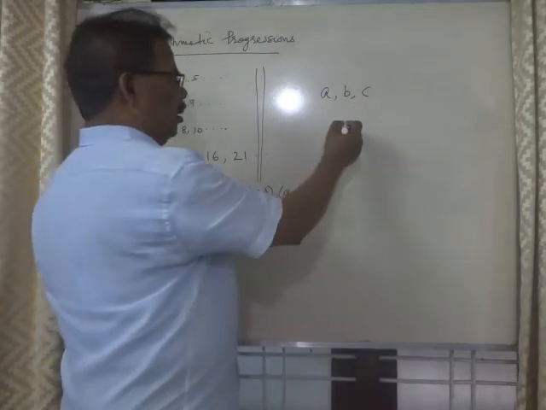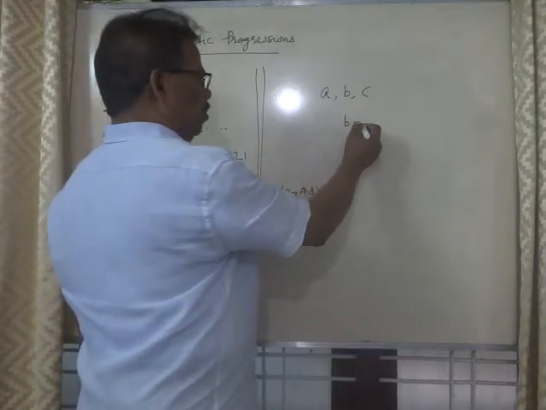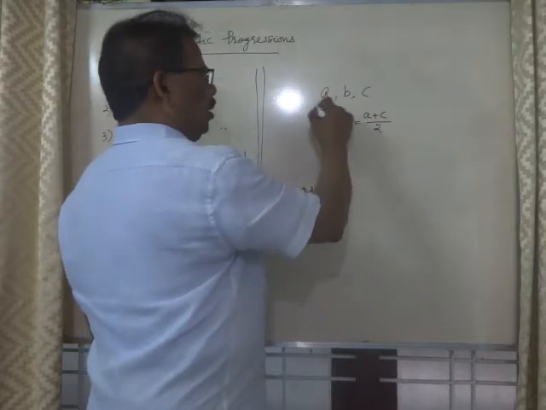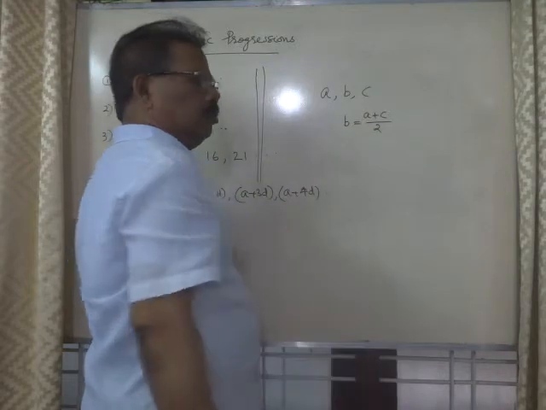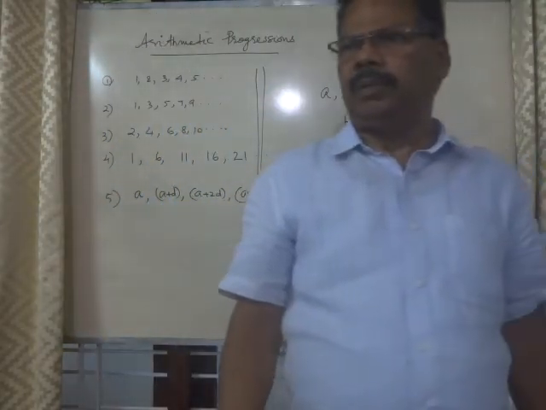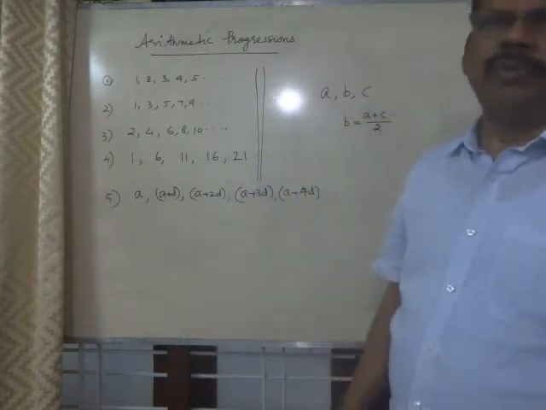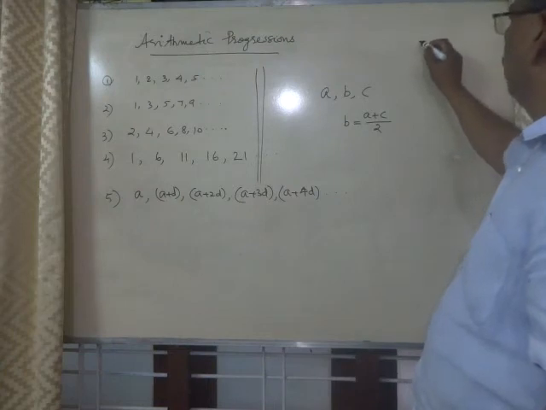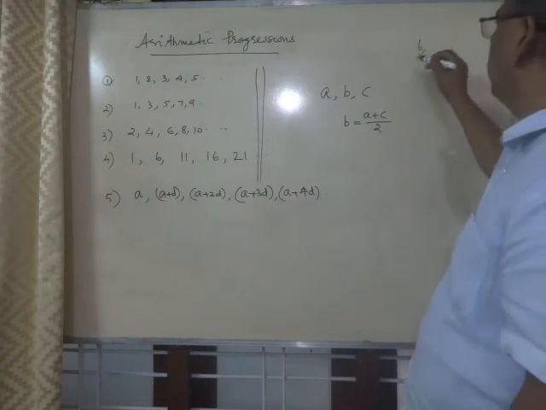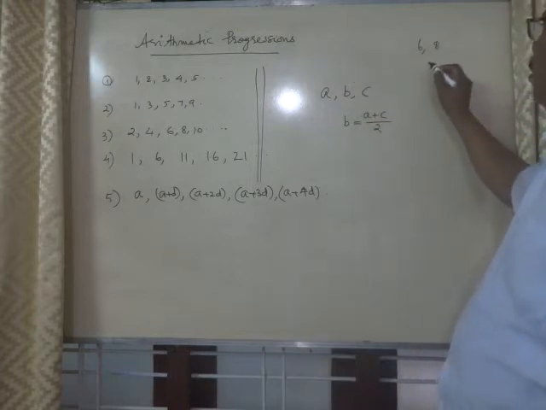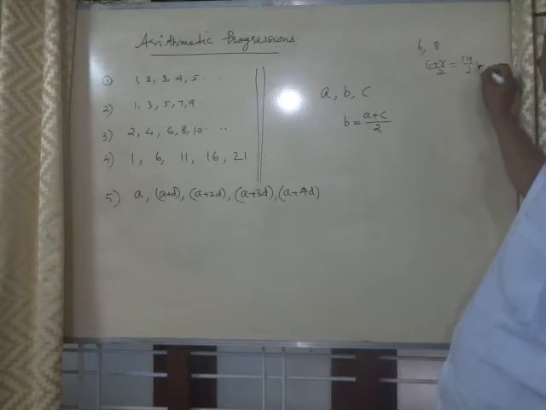Then the middle term will be the arithmetic mean of the other two. What is arithmetic mean? Arithmetic mean of two numbers is half the sum of those numbers. See, if you are given 6 and 8, the arithmetic mean is 6 plus 8 by 2, that is 14 by 2, that is 7.